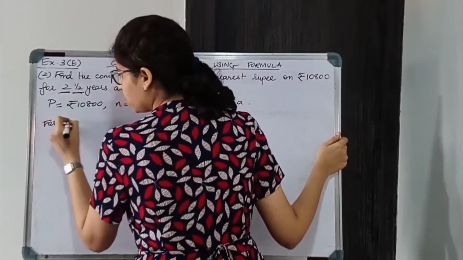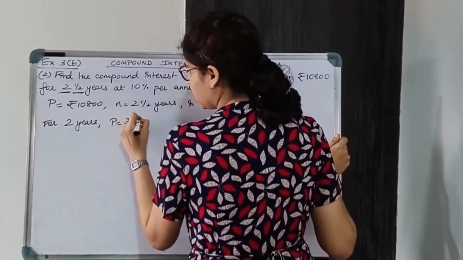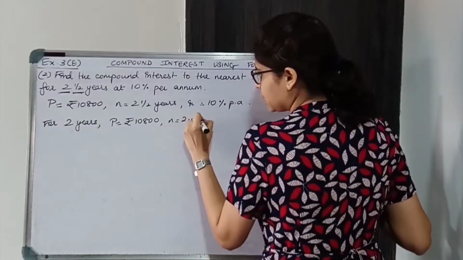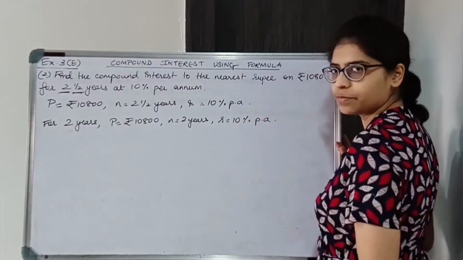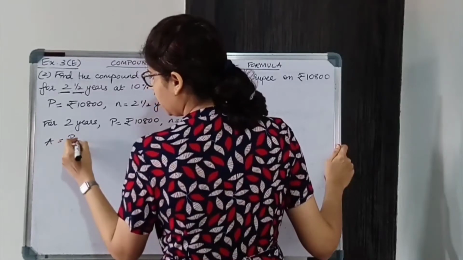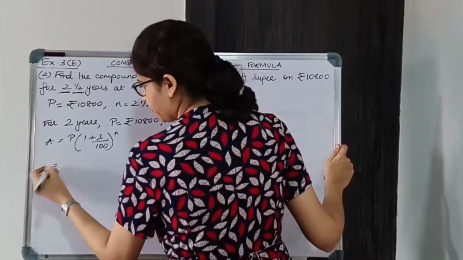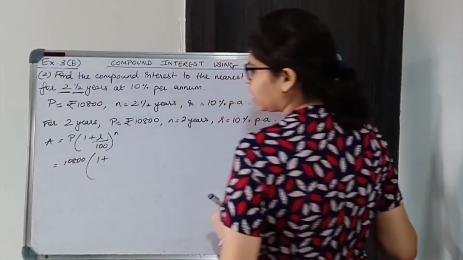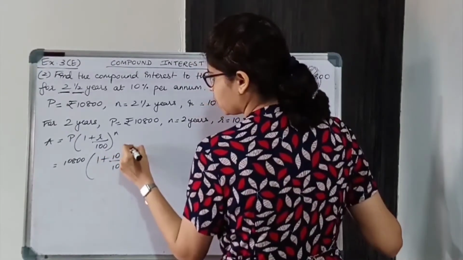For 2 years, principal is 10,800, N is 2 years, and R is 10% per annum. So A is equal to P into 1 plus R upon 100 raised to N. Now principal is 10,800 into 1 plus R is 10% upon 100 raised to N is 2.